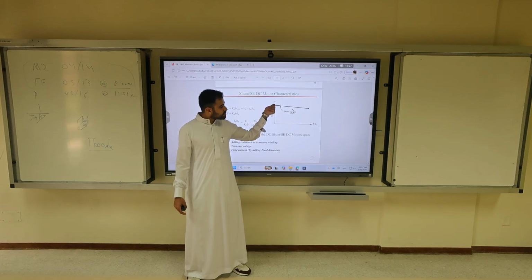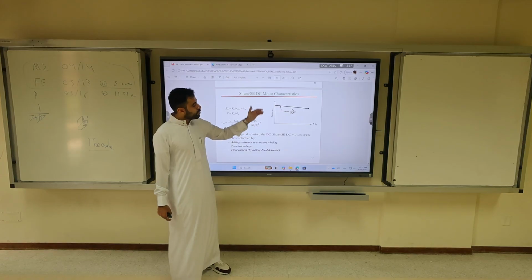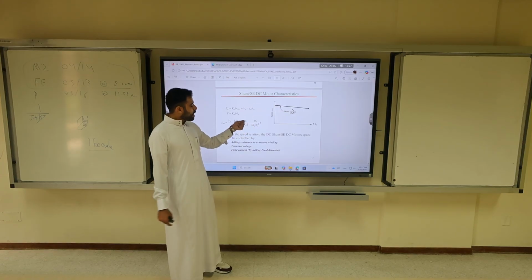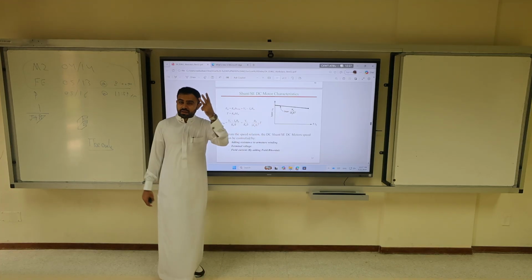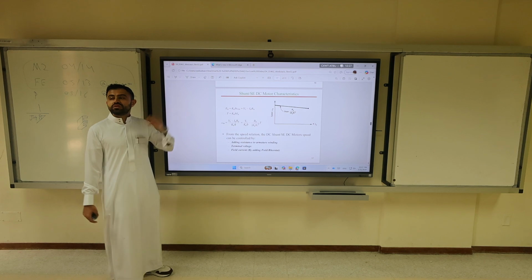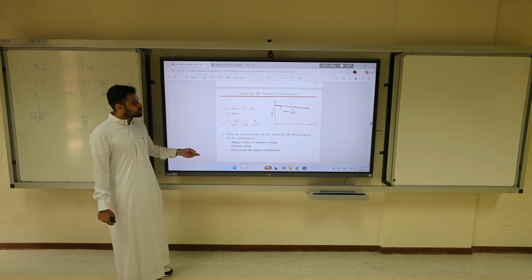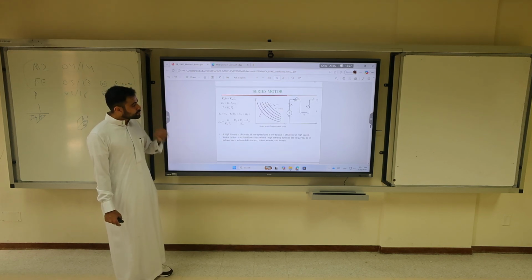So your initial speed at 0 torque is the fastest. This is the no load. Full load, depending on the load, where is the rated torque? If you want to control the speed, you either change the supply, or you add series resistance, or you change the flux. 3 methods. These are the conventional or traditional methods to control DC machines.